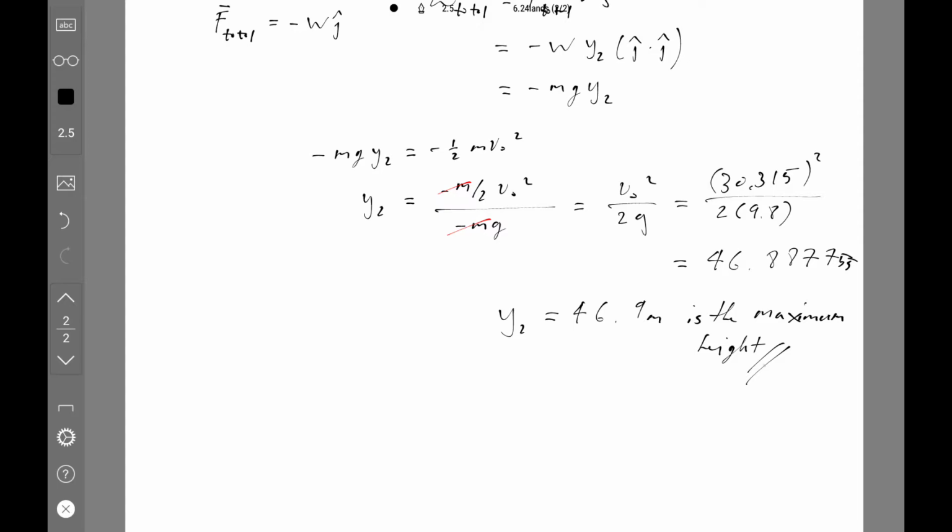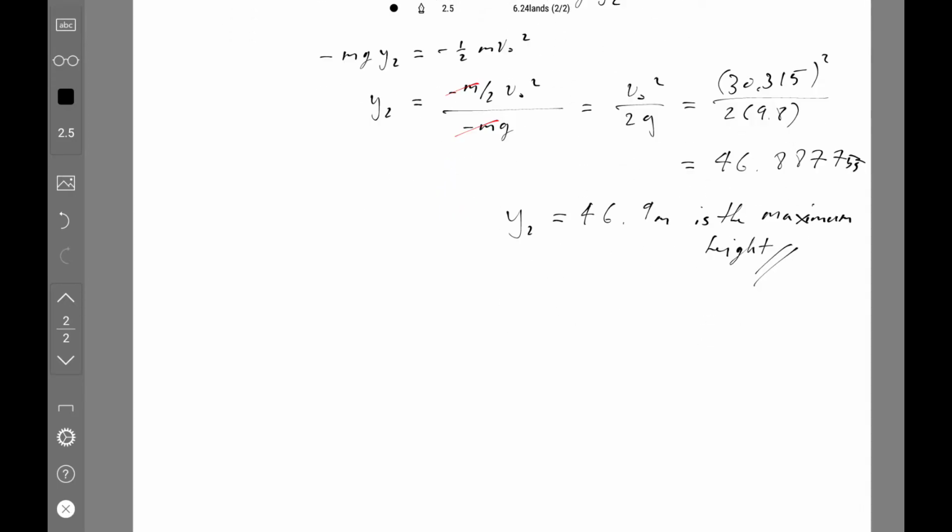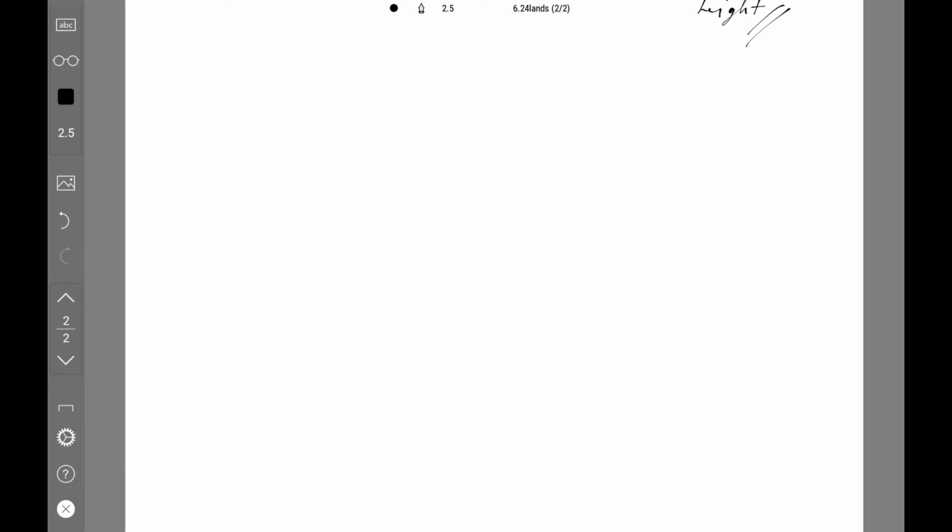Okay, so that's the end of the problem. But let's redo that last calculation using that intermediate state. V1 was 25.0 meters per second. Y1 was 15.0 meters.